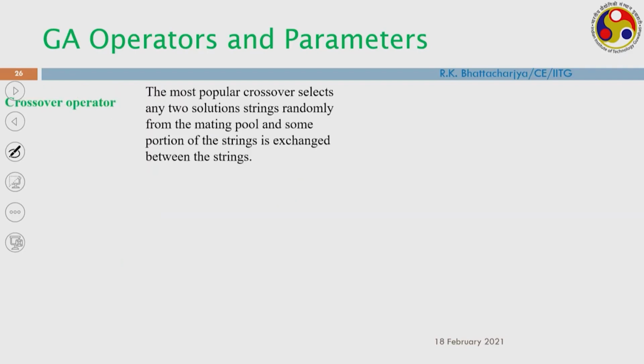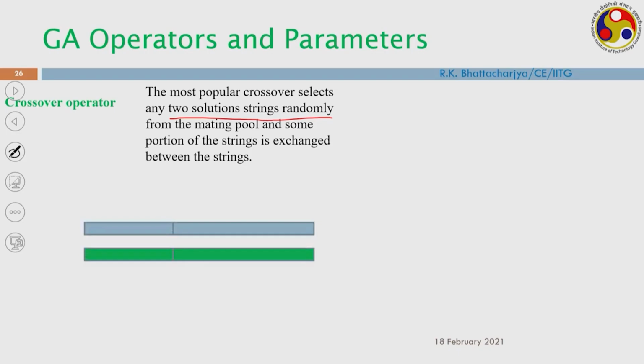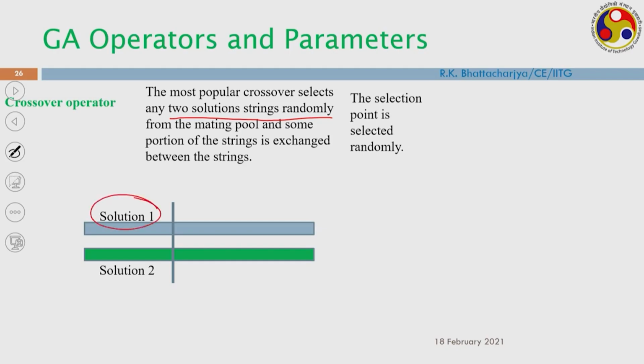Now, the crossover operator. What is the crossover operator? The most popular crossover selects any two solution strings randomly from the mating pool, and some portion of the string is exchanged between the strings. Suppose these are two solutions, solution 1 and solution 2, that you select from the mating pool.